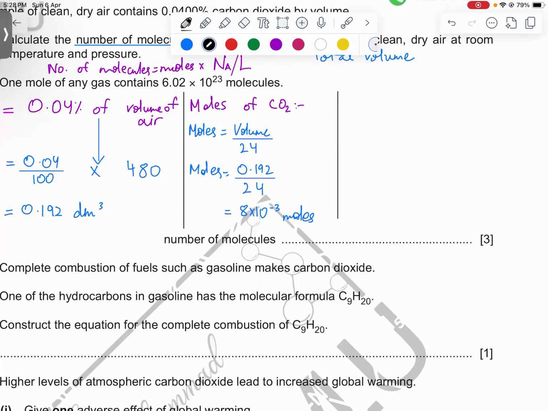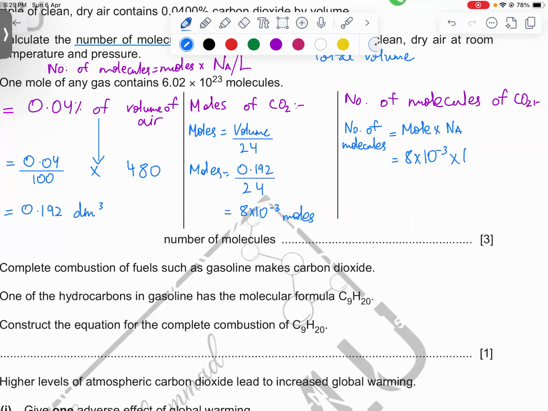Now we just have to finally calculate the number of molecules. Okay. So we say number of molecules equals moles multiplied by Avogadro number. All right. Moles are 8 × 10^-3, multiplied by 6.02 × 10^23.